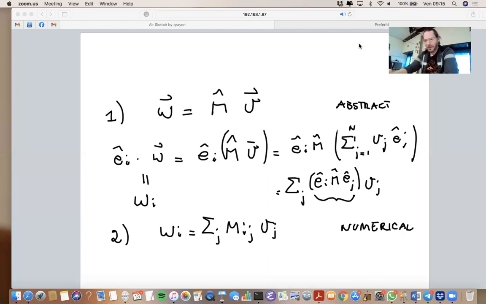Right, so equation 1 is general. Equation 2 is after you choose a specific basis set to represent the vector space. I assume we are all familiar with this at this point, but it's important to build this analogy because the main point that I want to make here is how you represent a matrix.